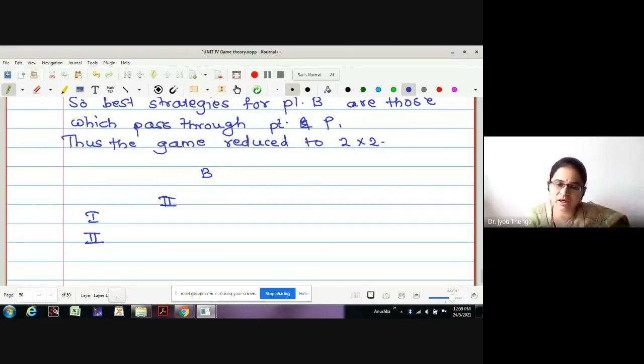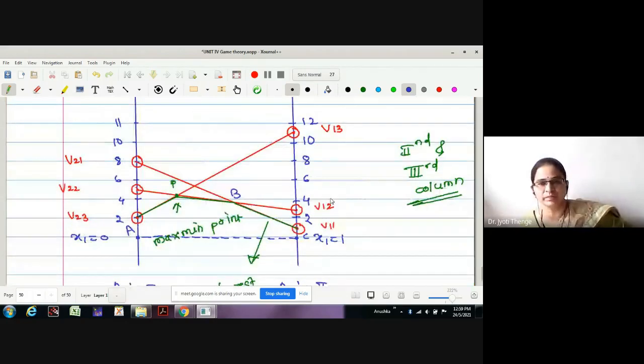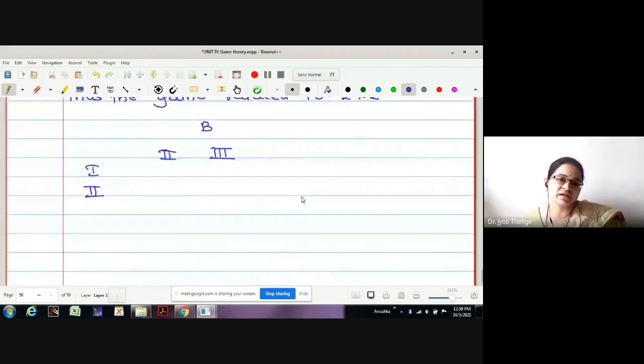For player B, we were selecting second and third, no? Because this point P is the intersection of the second and third column. Therefore, the optimal strategies chosen for player B will be second and third.